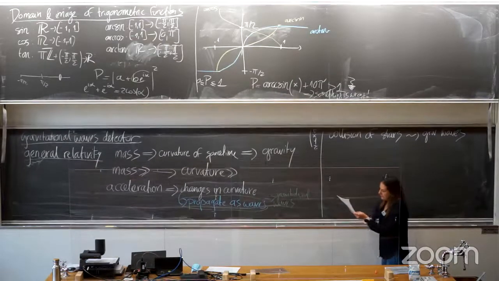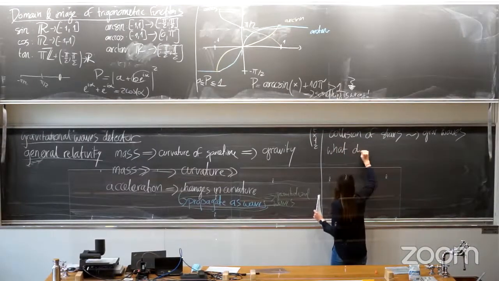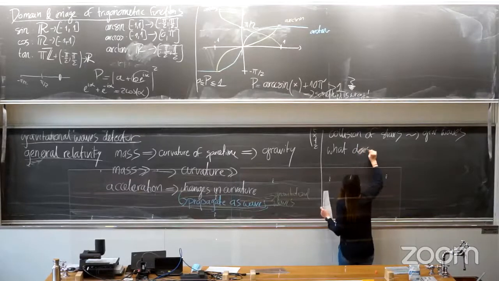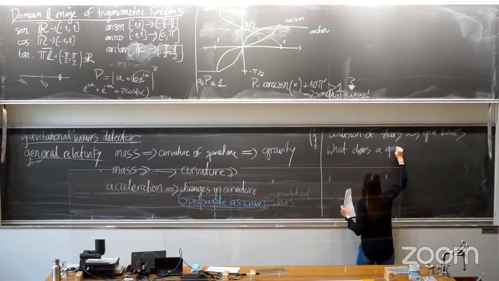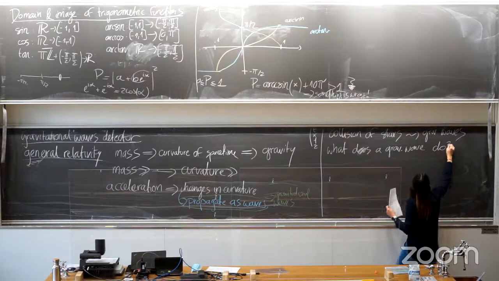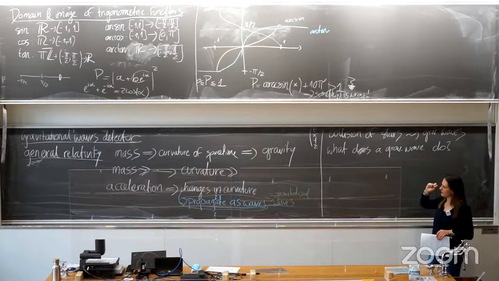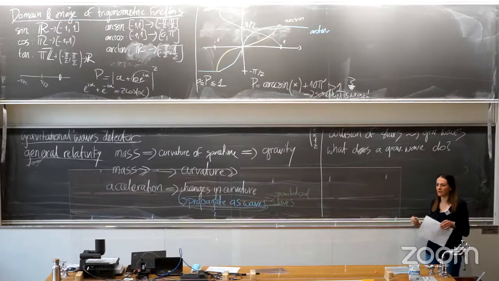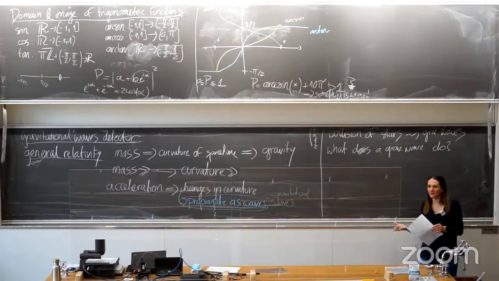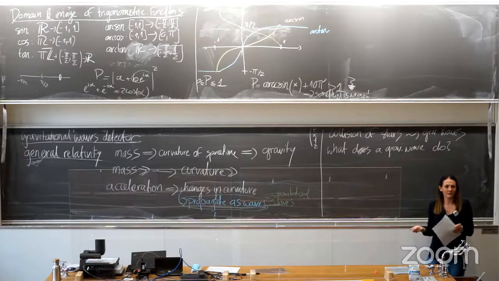So then what does a gravitational wave do? Why are we asking ourselves this question? Because we want to detect it. So to detect it, we should think about an experiment where what the gravitational wave does affects the experiment setup.